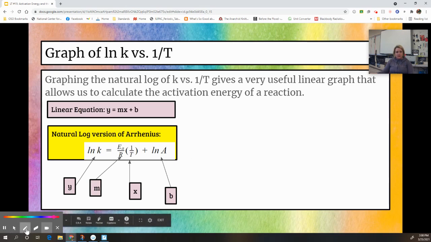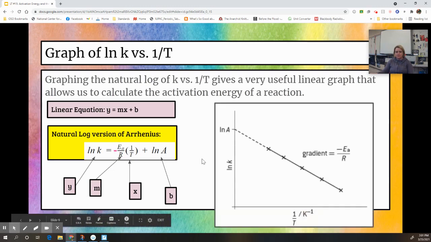And I'm going to fix my little typo here. My little typo is right here. This should be a negative slope, as you will see in the graph. So in the graph here, we plot the natural log of k on the y-axis, the inverse of the temperature in kelvins on the x-axis, and my slope will be the negative activation energy divided by the universal gas constant.